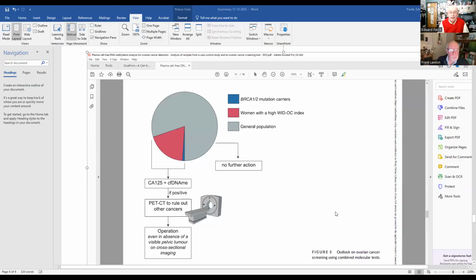Now, the most interesting thing to finish up with that I found here was that they ended up sharing with us a diagram of future directions based upon this work. So this work basically says, here's the whole population of people in terms of a pie.